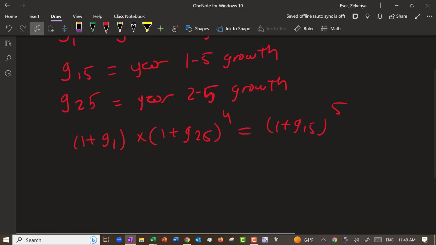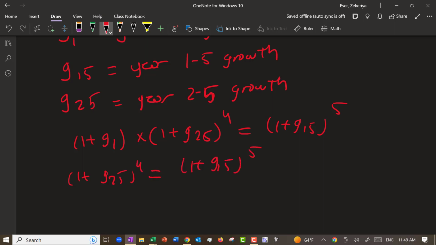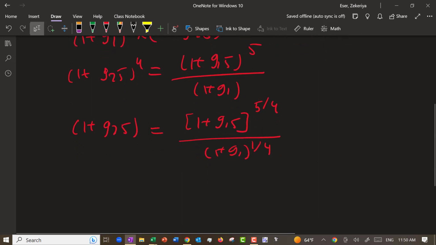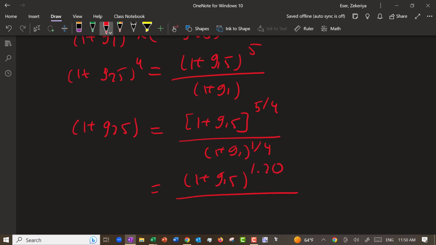So that means 1 plus G25 is going to be 1 plus G15 raised to 5 over 4, 1.25, I'm sorry.